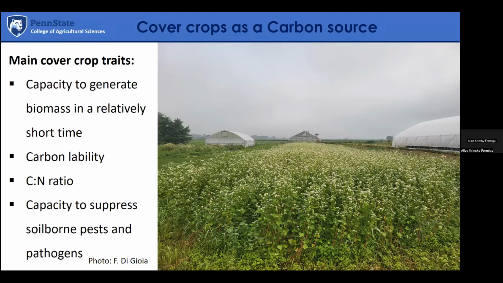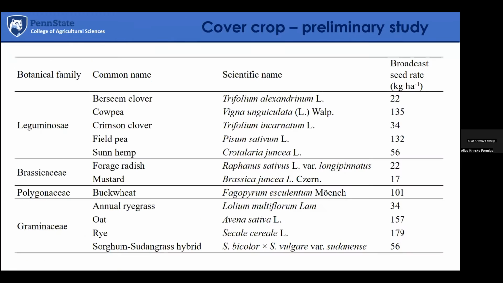Or if we are looking at controlling root knot nematodes, we don't want to put a cover crop that may be susceptible to nematodes, because that will multiply the inoculum. Instead, what we want is a cover crop that is going to contribute to suppressing root knot nematode in combination with the ASD treatment.